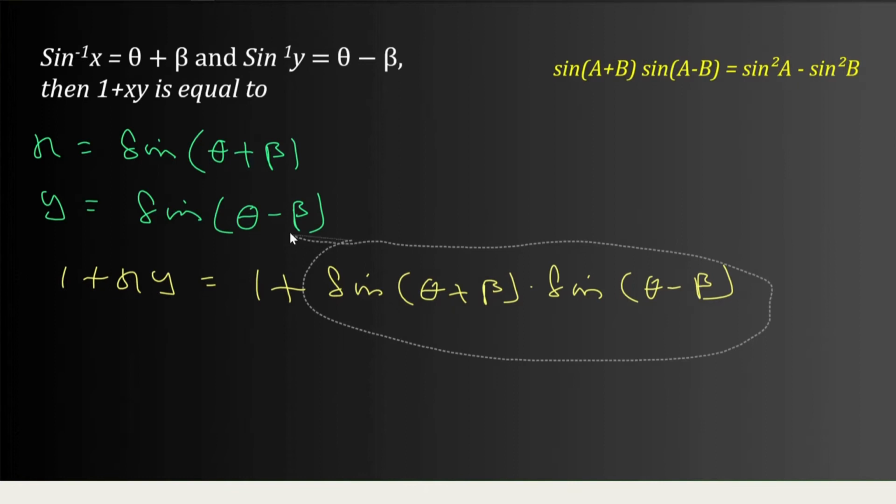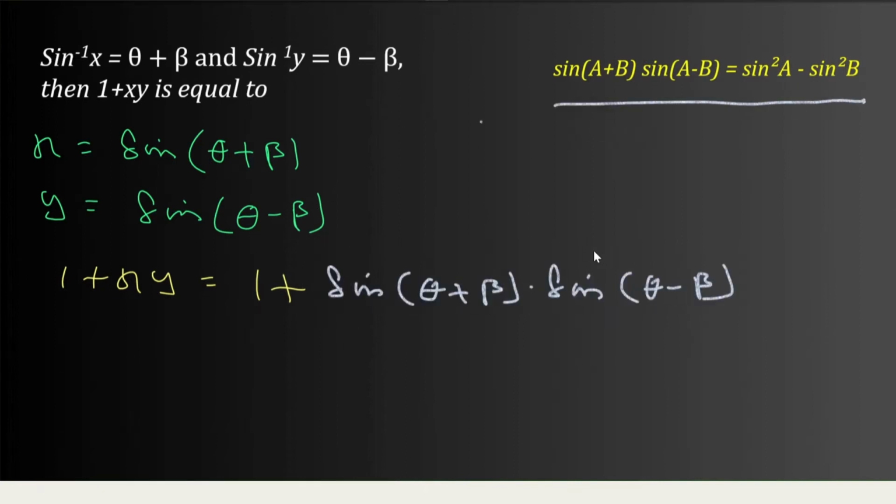And then we are going to apply this identity. The identity here is sine a plus b into sine a minus b is sine square a minus sine square b. So we can write this as 1 plus sine square a minus sine square b. Well, a is theta over here and b is beta. So this is sine square beta.